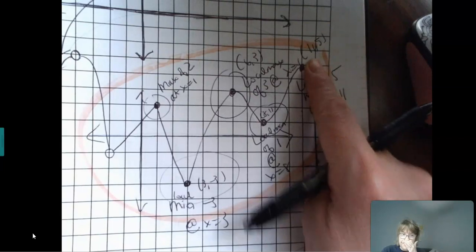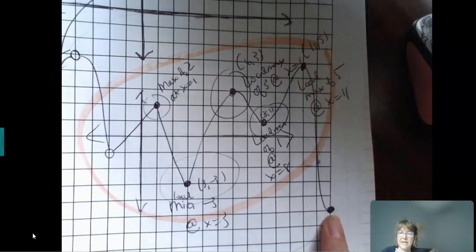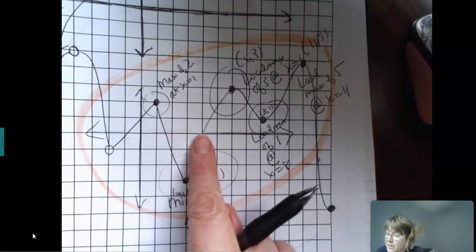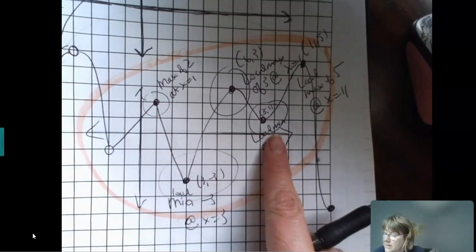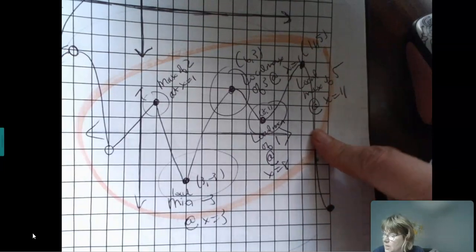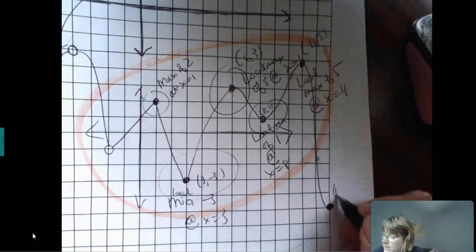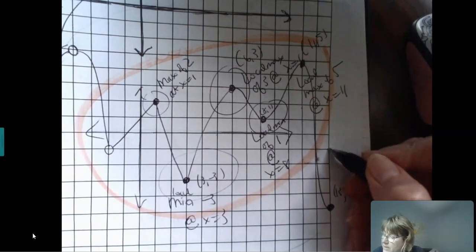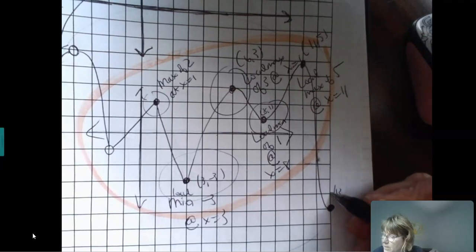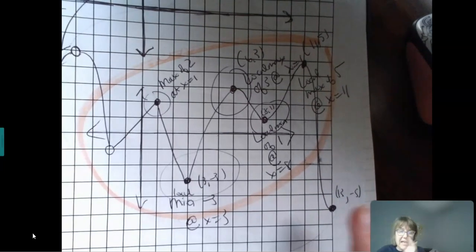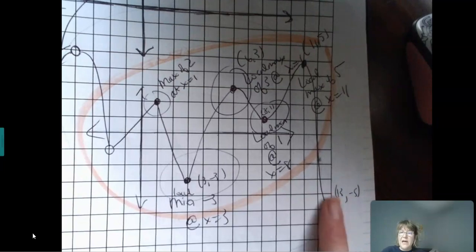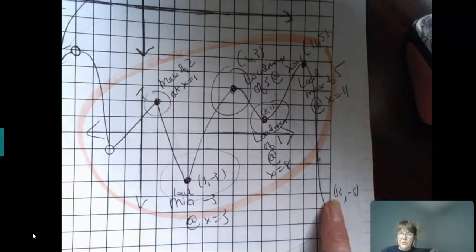This guy can be an absolute min. That is allowed. So 1, 2, 3, 4, 5, 6, 7, 8, 9, 10, 11, 12, 13, and then what? -1, 2, 3, 4, 5. I could say there's an absolute min of -5 when x equals 13.